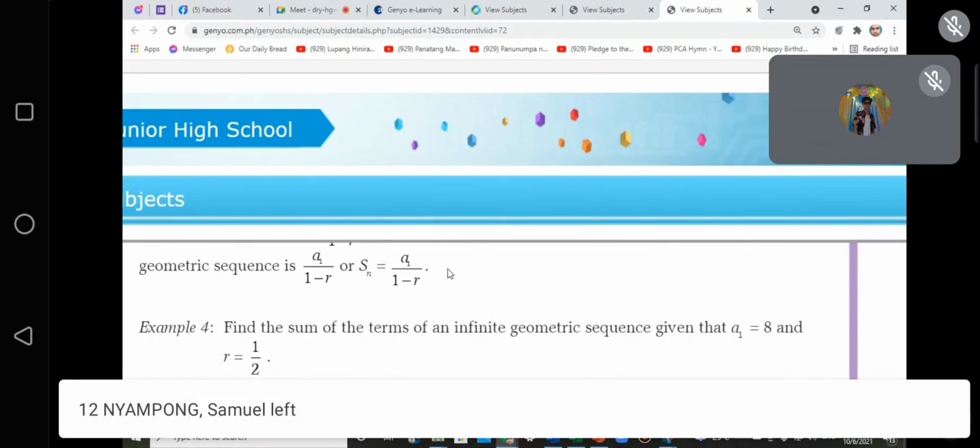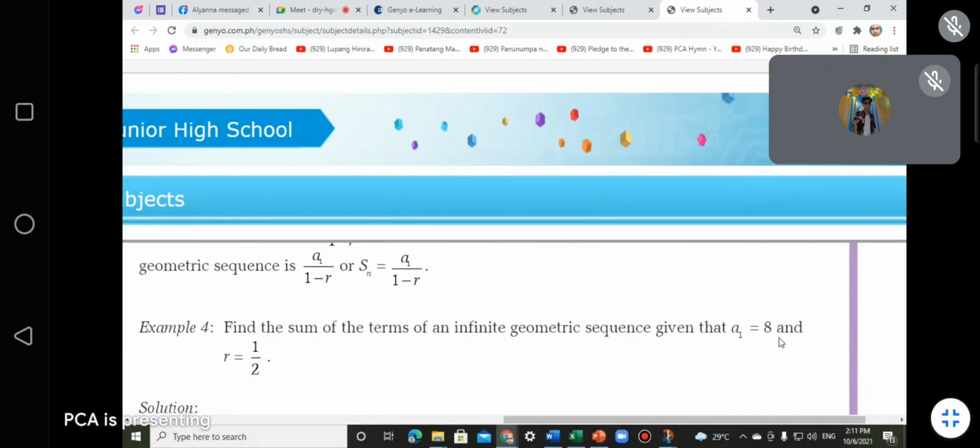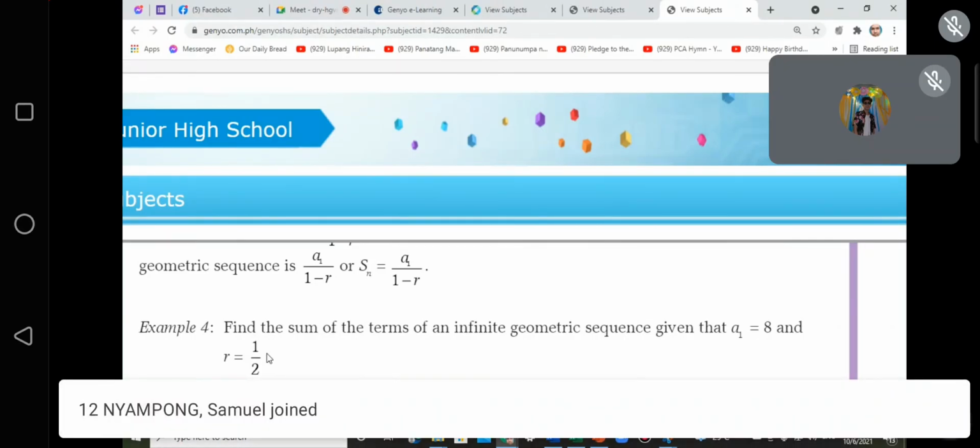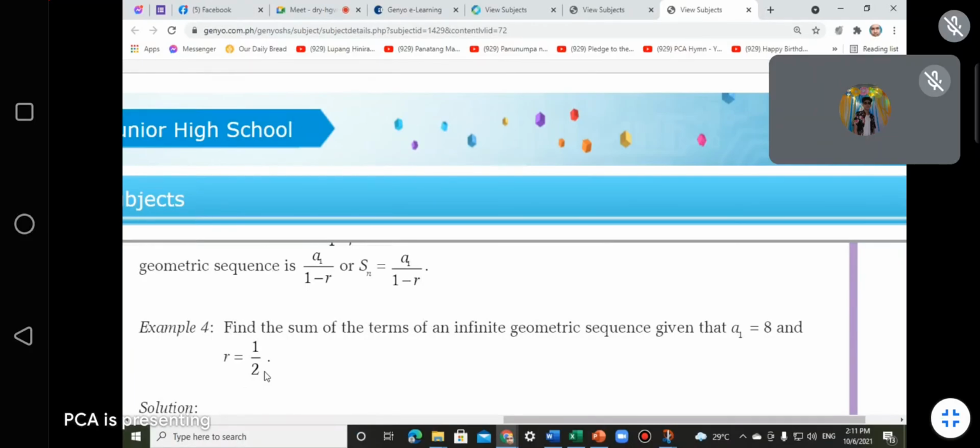All you need is the first term and the ratio. Evaluate also the ratio. If the ratio is beyond negative 1 or 1, it's not an infinite geometric sequence and you cannot apply this formula.